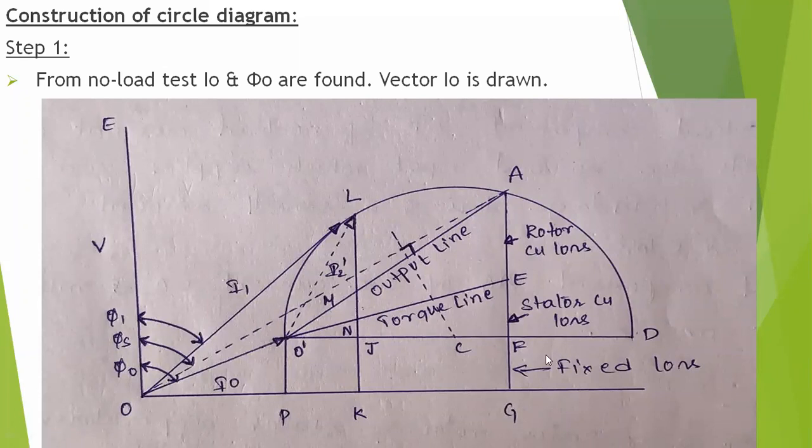What are the fixed losses? Rotor copper loss and stator copper loss are variable losses, which change with respect to the load. The fixed losses are stator core loss and friction and windage losses. These three losses are fixed losses.